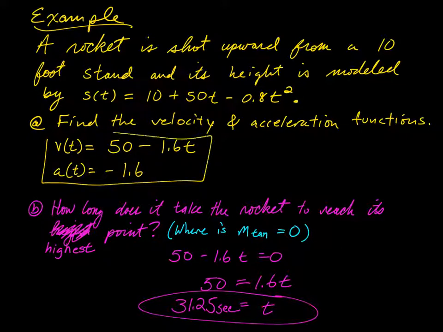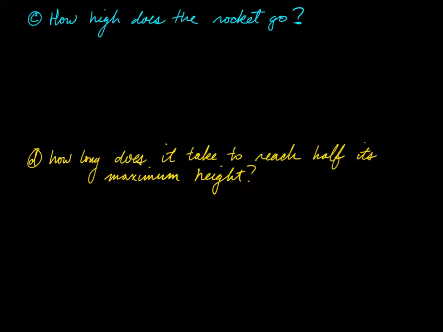Let me circle these answers up here to let you know that those are the final answers. So 31.25 seconds to reach its highest point. This next question asks, how high does the rocket go?